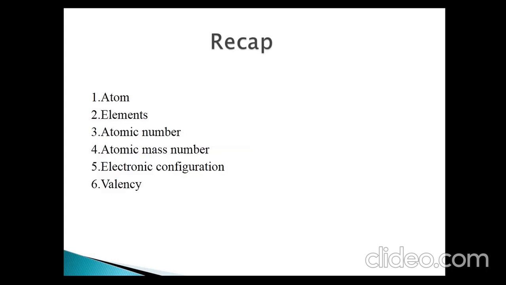Let us take a look at chlorine, 2, 8, 7. It requires 1 electron to complete its octet. So it is easier for chlorine to accept 1 electron rather than lose 7 electrons. Its valency is 1. We are going to study the first 20 elements.